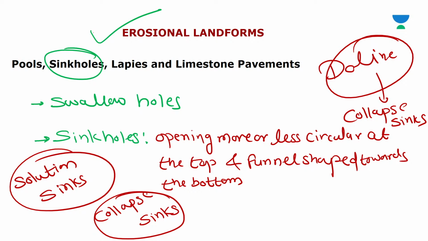The term doline is sometimes used to refer to the collapsings. Now, the surface runoff simply goes down shallow sinkholes and flows as underground streams and re-emerges at a distance downstream through a cave opening.